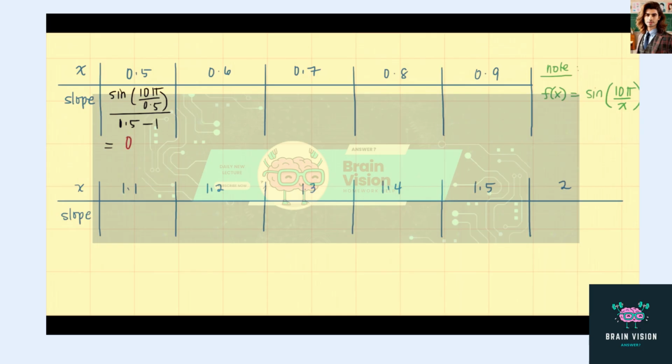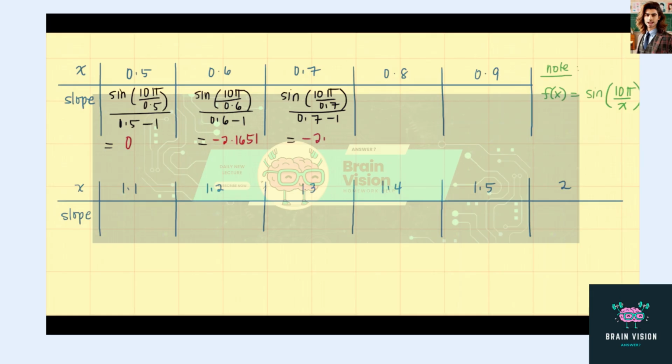If x is 0.6, we have sine of 10 pi over 0.6 divided by 0.6 minus 1, and we get negative 2.1651.